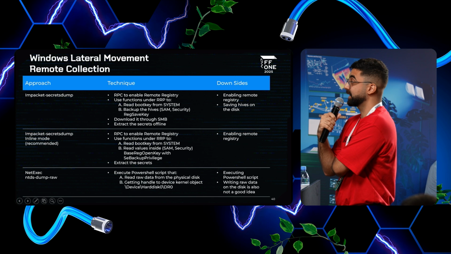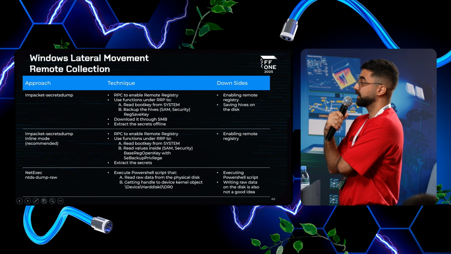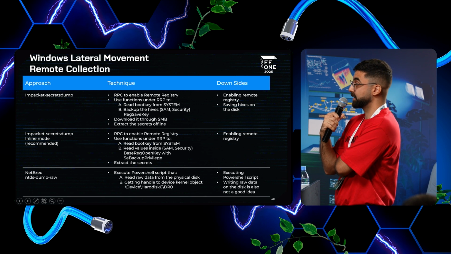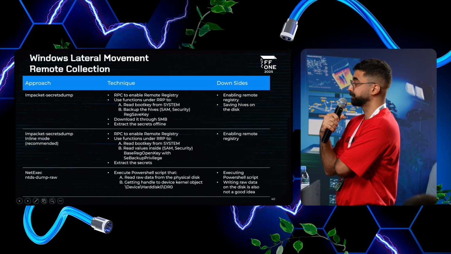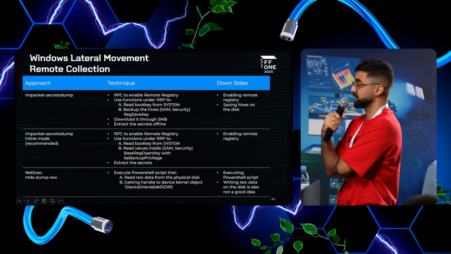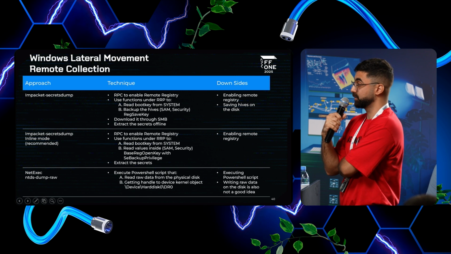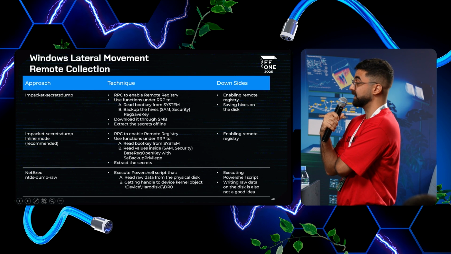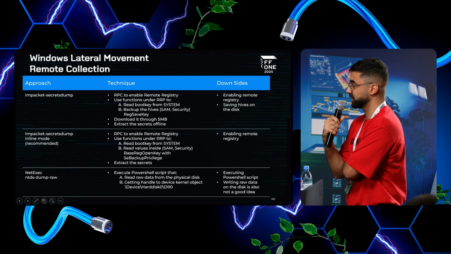First it reads the boot key from the system using one API. After that it tries to read SAM and security, but because they have an ACL and only SYSTEM can access them, it saves the hives to a file using the RegSaveKey API, and after that it downloads them through SMB and extracts offline.